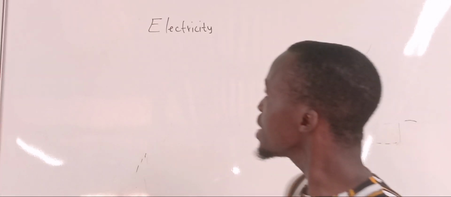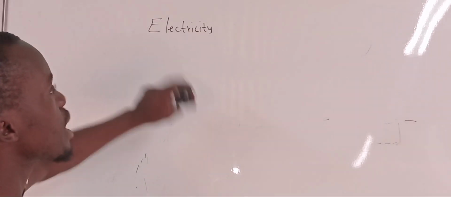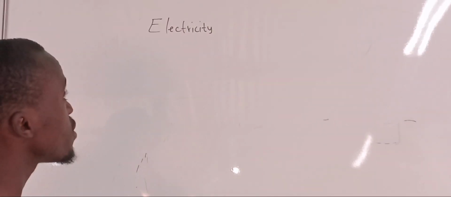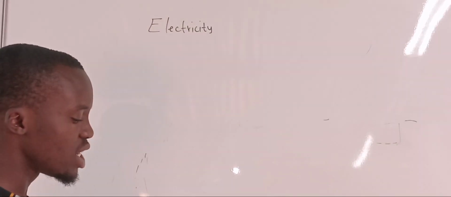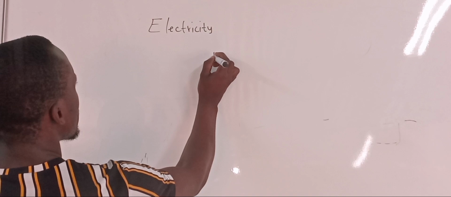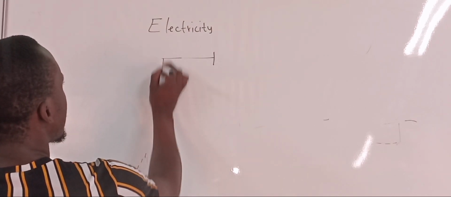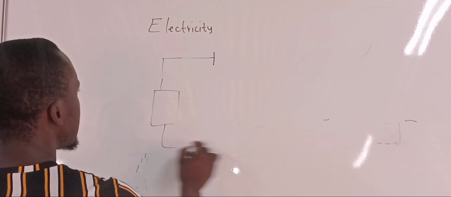Okay, now, as I said, when we talk about electricity, we are simply talking about a circuit. So it's very important for you to know what a circuit looks like. A circuit is something that looks like this. I will draw the easiest circuit here.